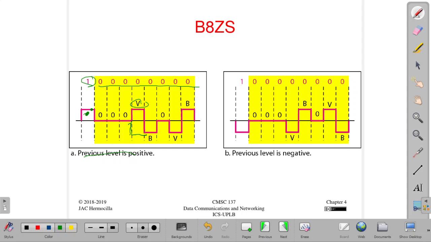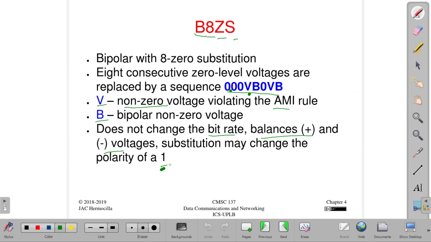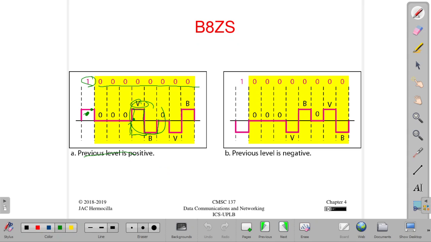However, since we have to introduce a violation, we put it like this, and then we use bipolar, so we use the signal, then we go back. This is VB, the first part, and then as shown in this bit pattern, you should also have a violation. Supposedly this should be up here, but since we need to introduce a violation, we put it down, and then we get this.